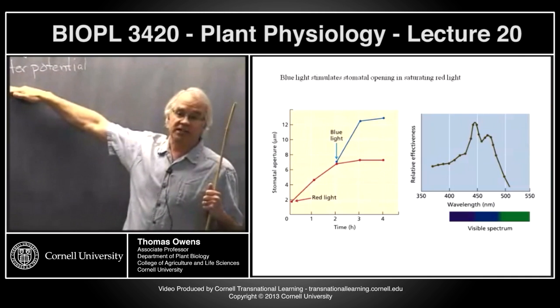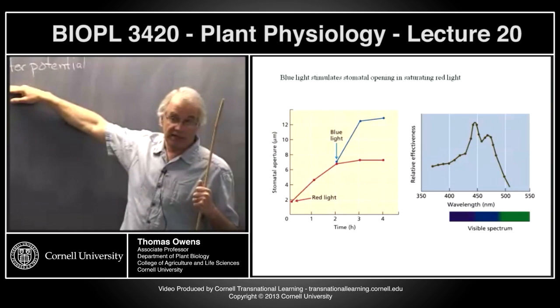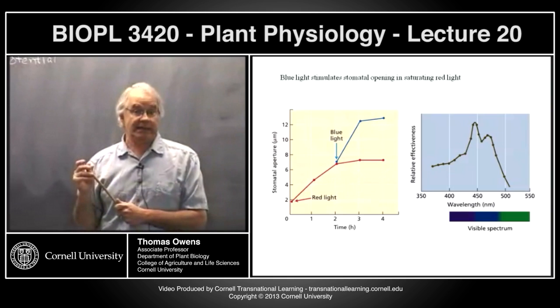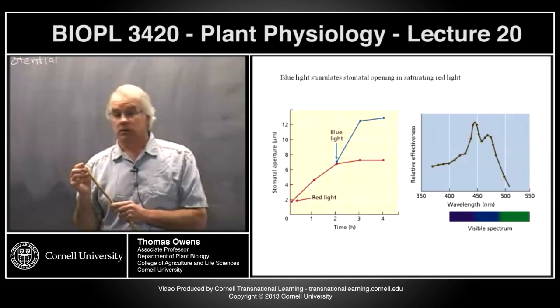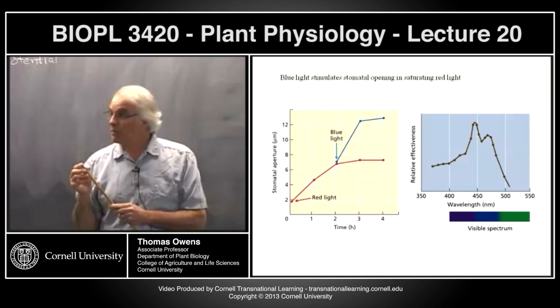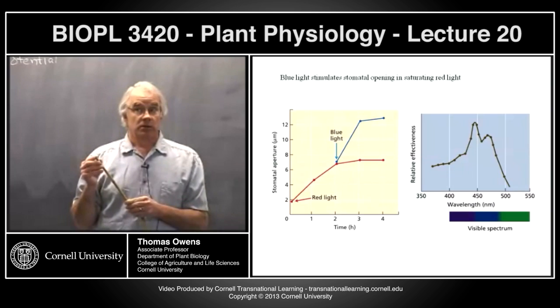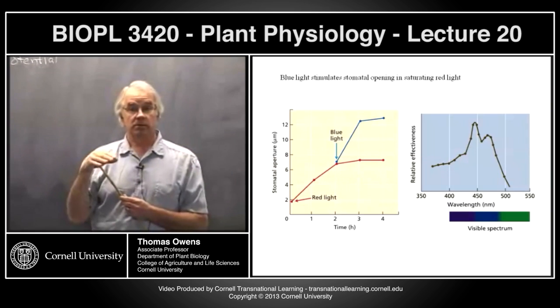There's no changes in CO2 associated with the blue light because photosynthesis doesn't change if it's red light saturated. So the blue light effect must represent an independent effect of the blue light on stomatal aperture. What about red light? Could red light be affecting the stomates by some other mechanism than CO2?